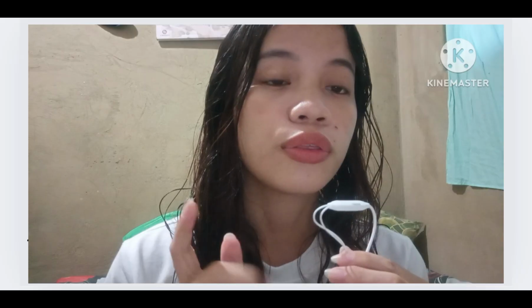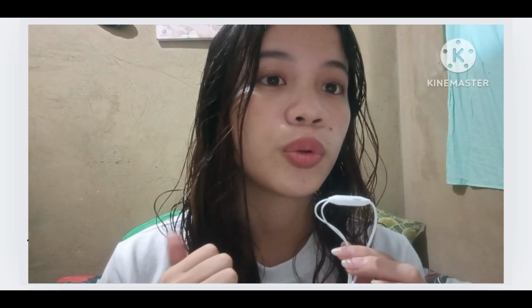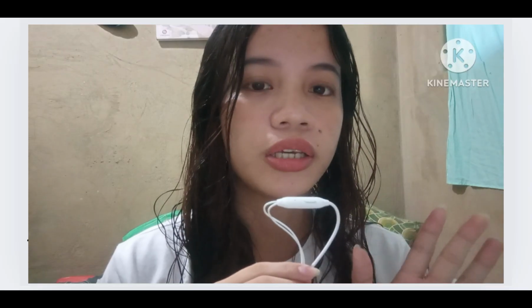Ara nimo ihatag ang gamay nga idea about sa i-tackle kung unsay i-expect sa listeners or sa readers about sa imong topic. And the second, third, and fourth paragraphs, ara na nimo siya i-elaborate ang imong introduction. Maghatag ka og mga opinion, samples, reasonings para sa body. Mahulog na siya og body.